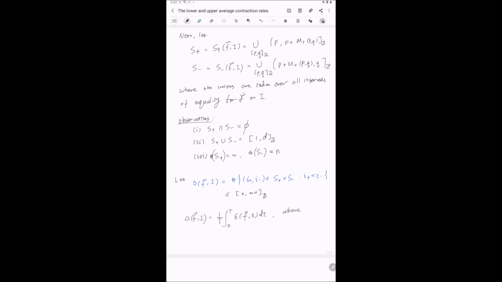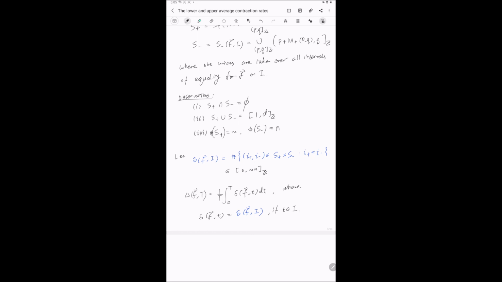And here, this delta f t is defined to be delta f I whenever t is in I. So this is a typo. It should be delta of f capital T.